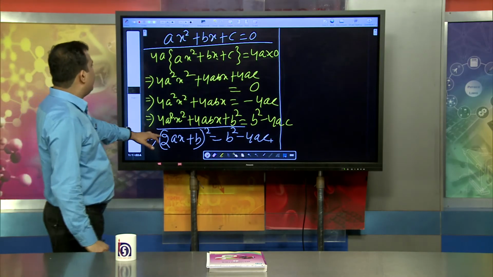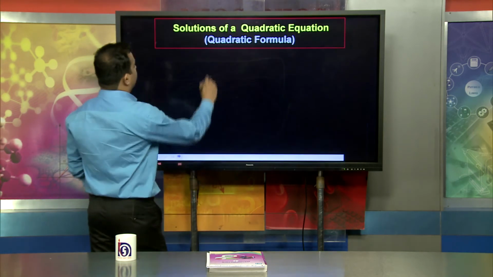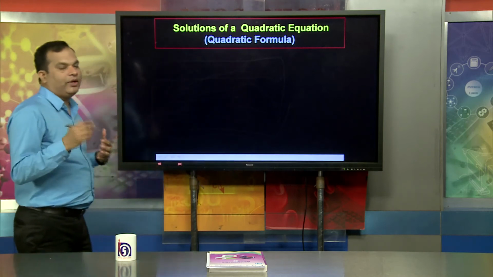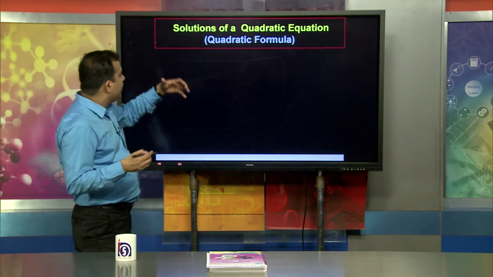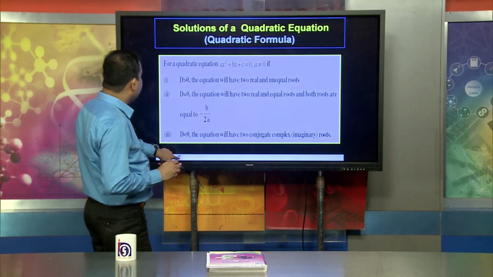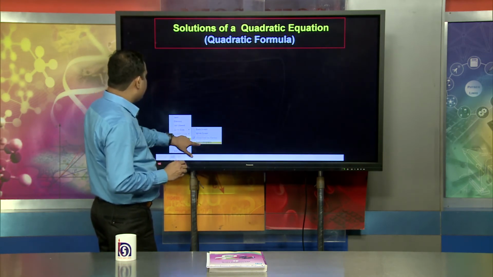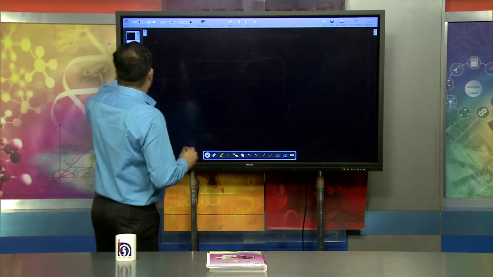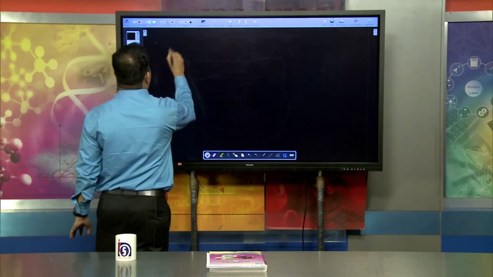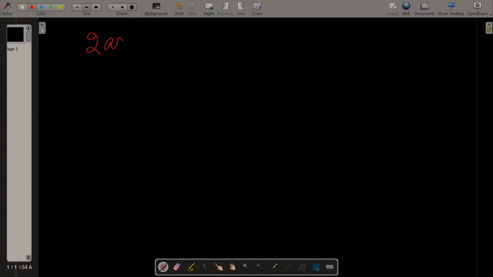That means we have generated the quadratic equation result: 2ax plus b whole square equal to b square minus 4ac.